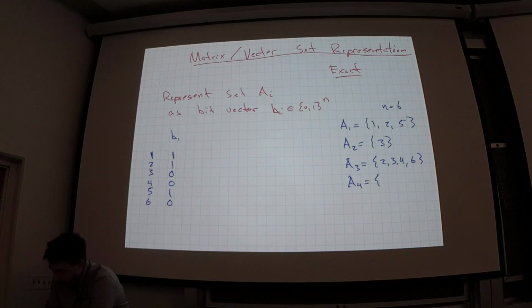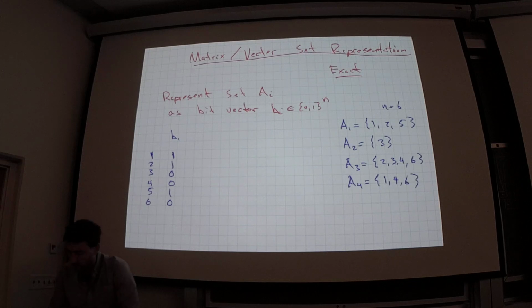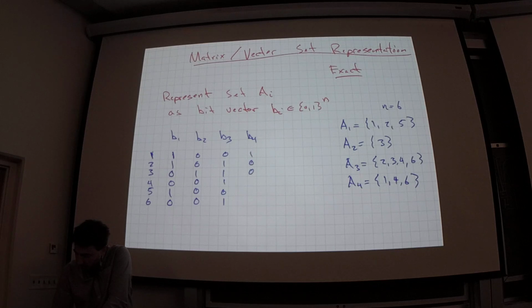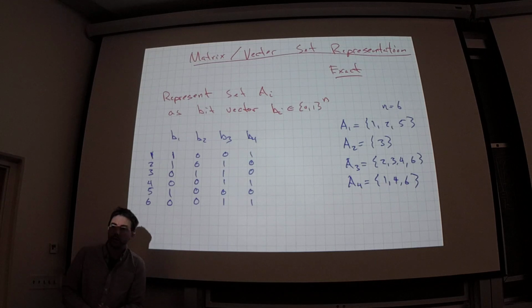Set 4 is {1, 4, 6}. The bit representation of A2 is 0, 0, 1, 0, 0, 0. B3 is 0, 1, 1, 1, 0, 1. And B4 is 1, 0, 0, 1, 0, 1.